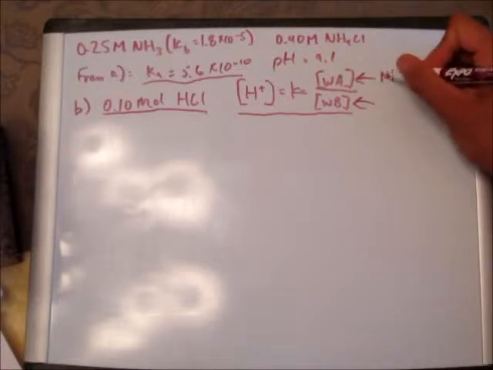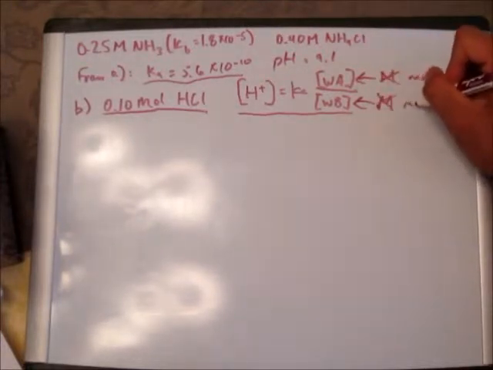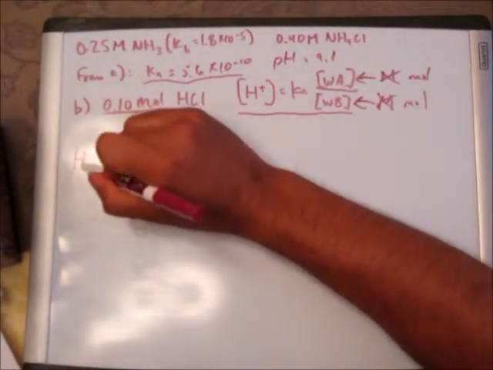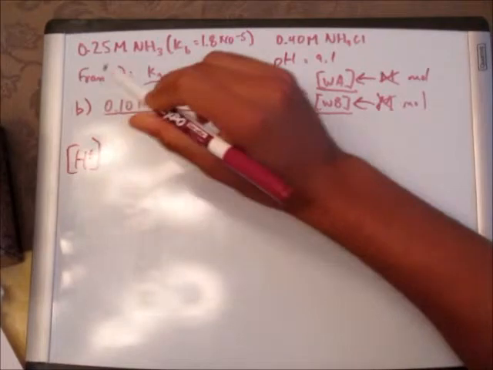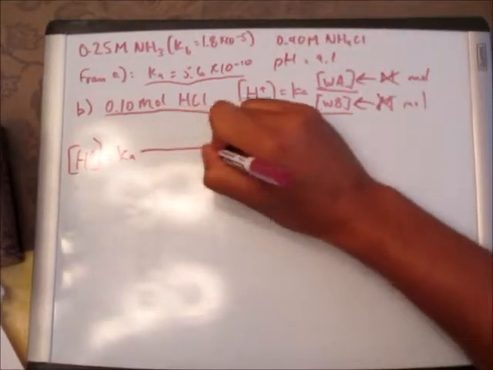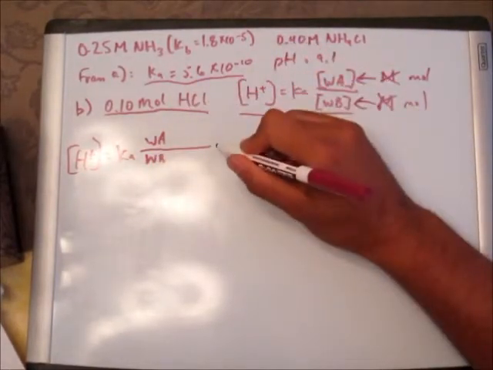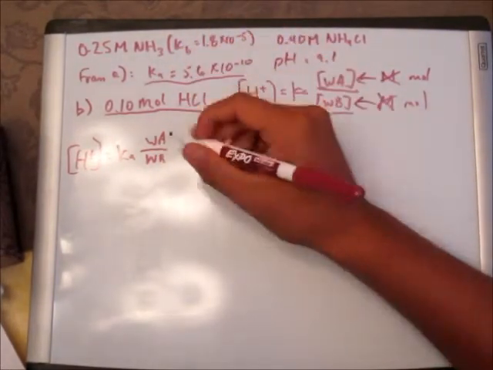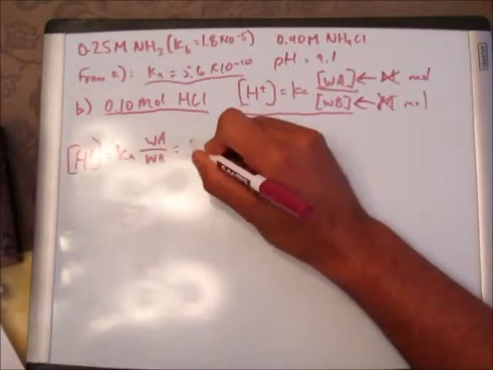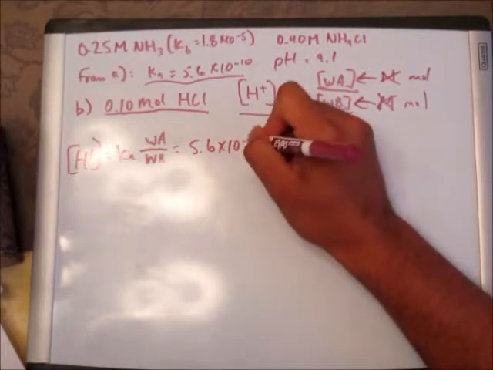Now, first of all, let's write what we know. We know H plus is equal to Ka, which was found in part A, times weak acid over weak base. Ka is equal to 5.6 times 10 to the negative 10, times the acid over base. Now we want to find how much of each we have.